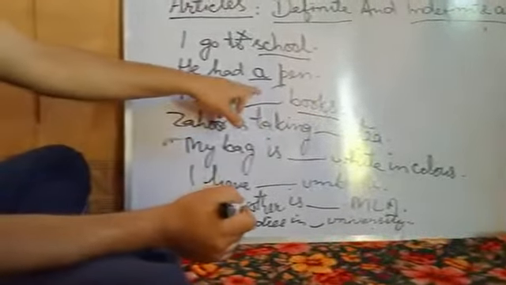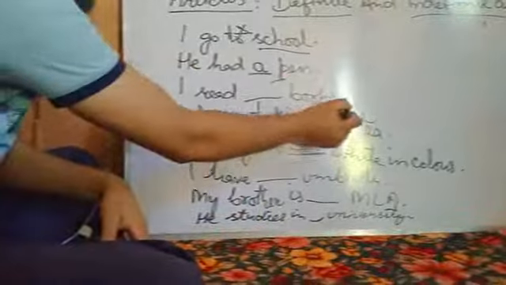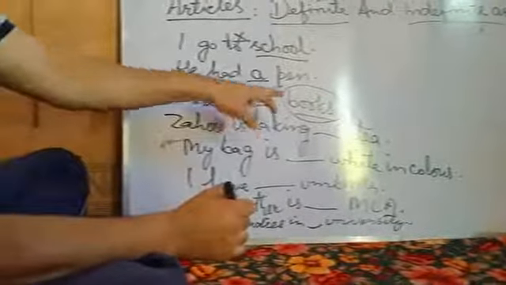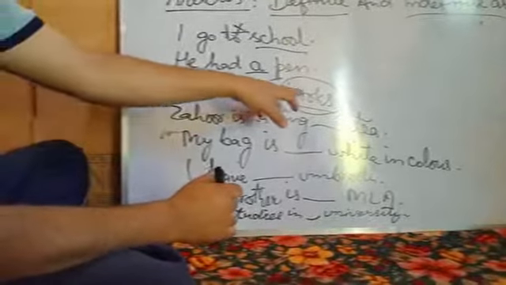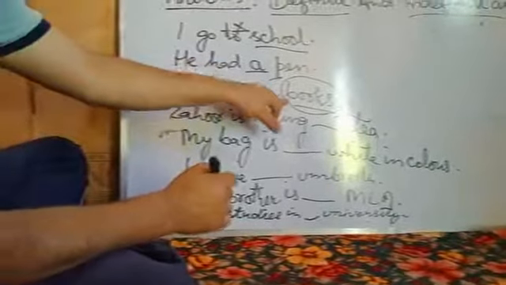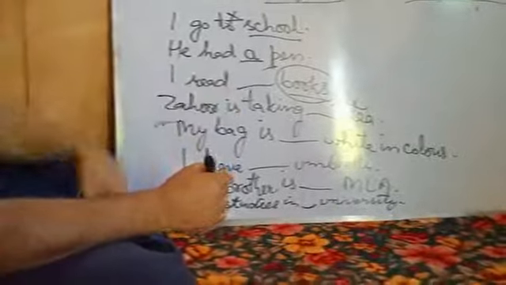We cannot use here a books or an books, because books here is plural. If I read dash book, we can use a book, but here we have used books, so we cannot use an indefinite article. So here we can use zero article, meaning cross.